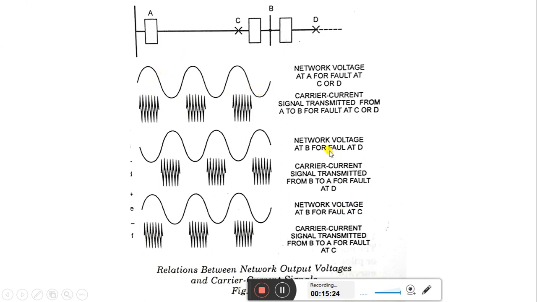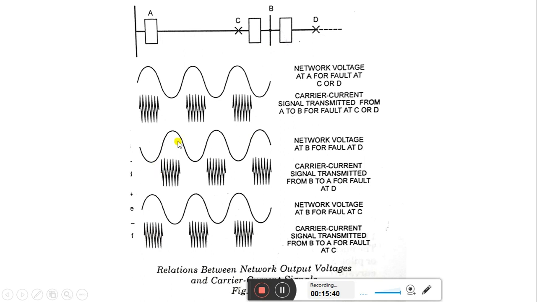Now, the network voltage at B for a fault at D. Now we are talking about if there is a fault at point D, what will be the network voltage at point B?